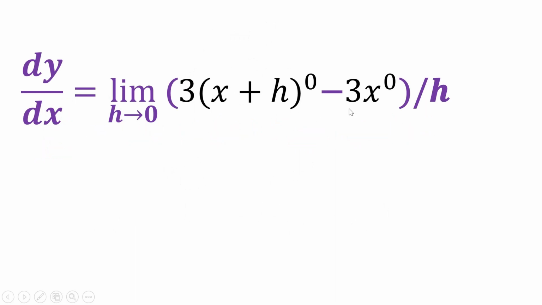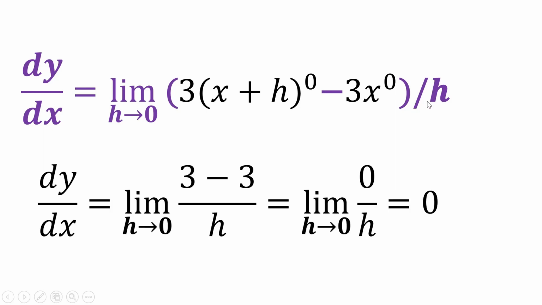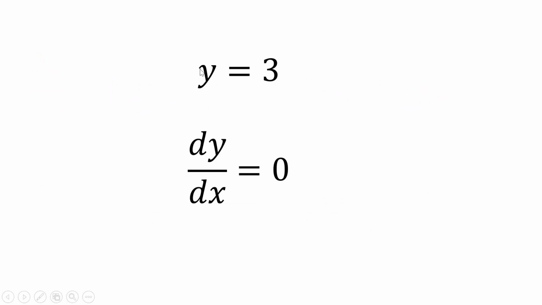Now I do substitution, so I have this and that all over h. Now remember, any number to the power 0 is 1. So this side reduces to 3 minus this side also reduces to 3. And when we take the subtraction, we are going to have 0 over h, which is equal to 0. So the derivative of y equals 3 is 0.